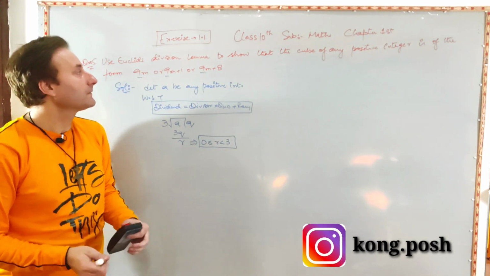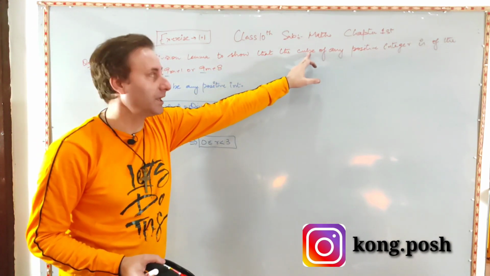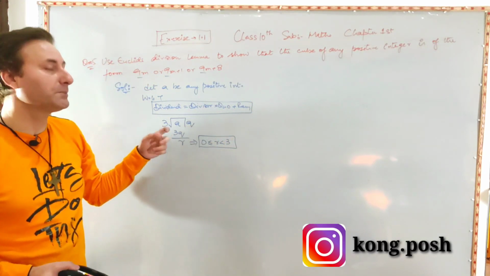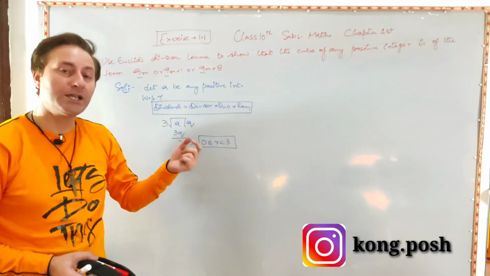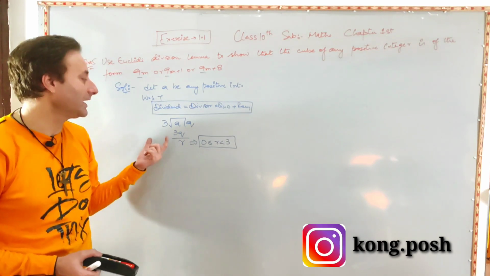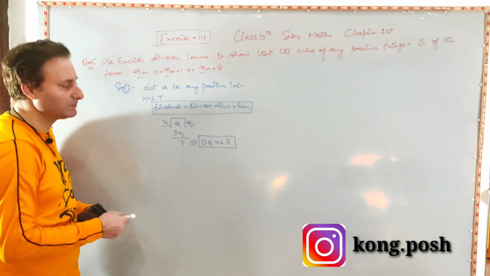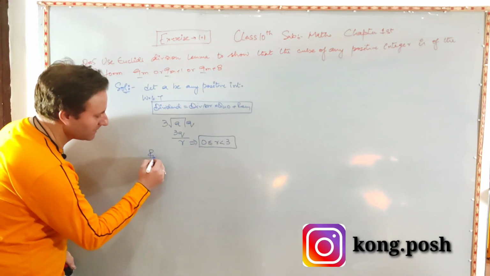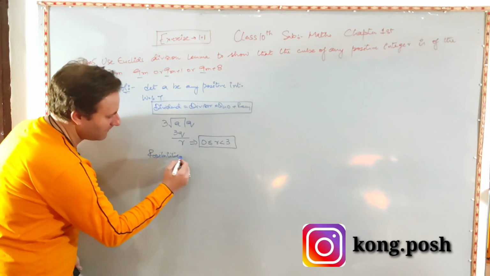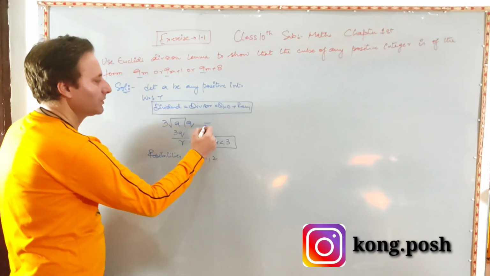If you see, it says use Euclid's division lemma to show that the cube, this is the important part. The cube of 3 is 27. Out of 27, I can take 9 as common, and I will have the answers. You will see in a bit. So now the possibilities are 0, 1 and 2.